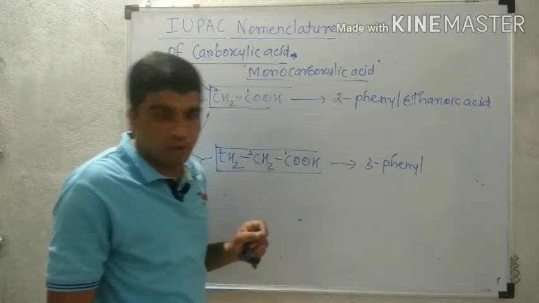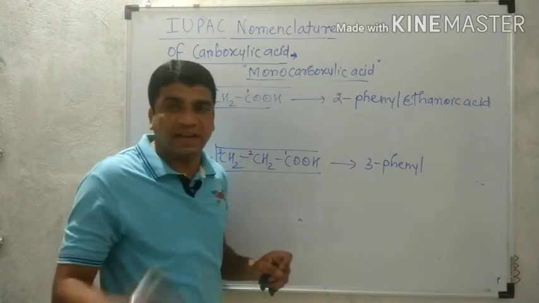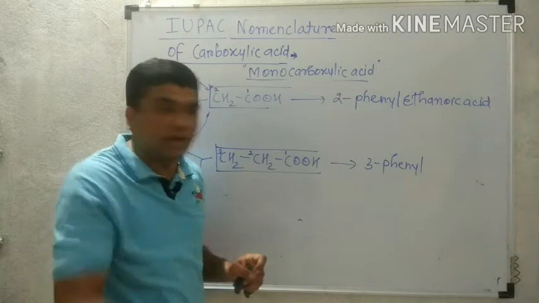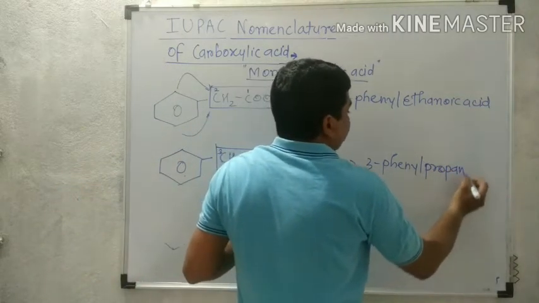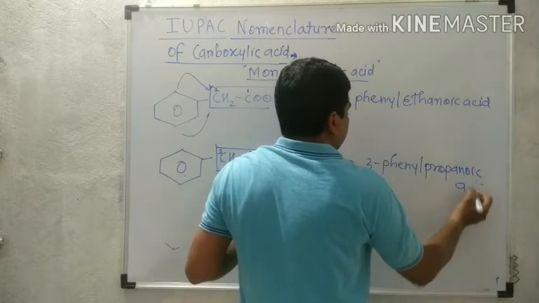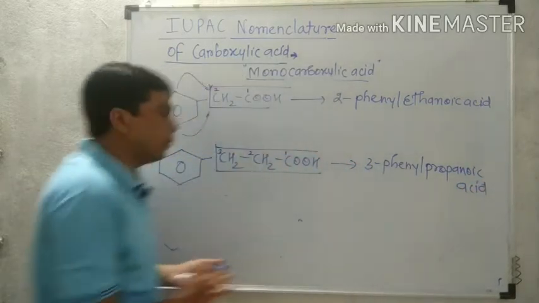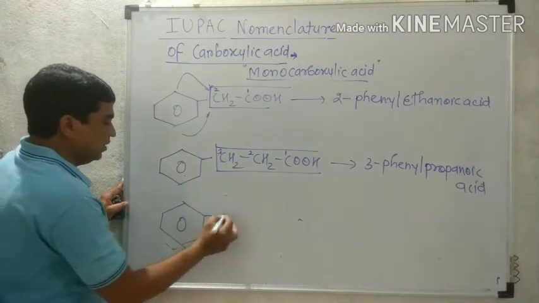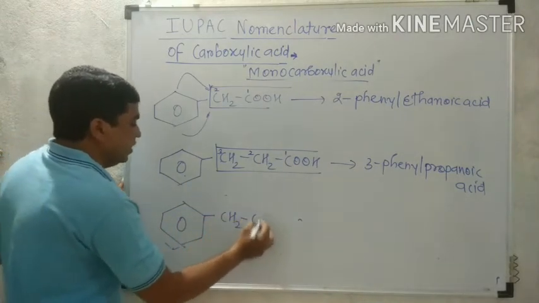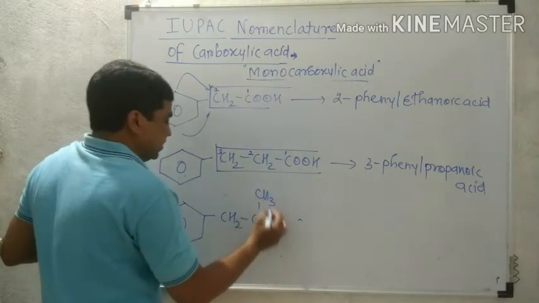Therefore, it is a derivative of propane, and replacing the ending E from propane by adding OIC acid, it is 3-phenyl propanoic acid.